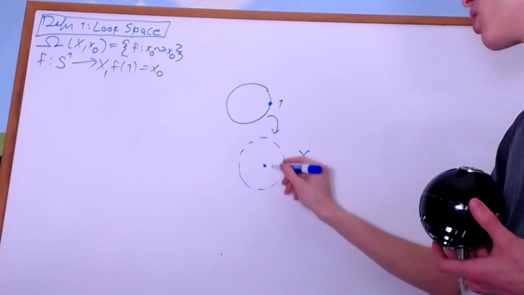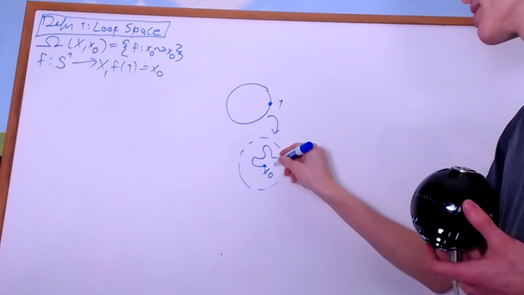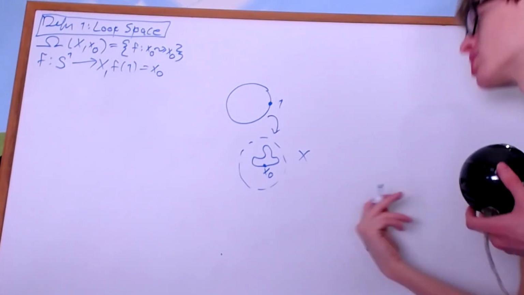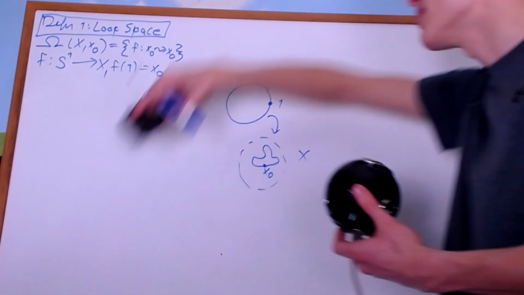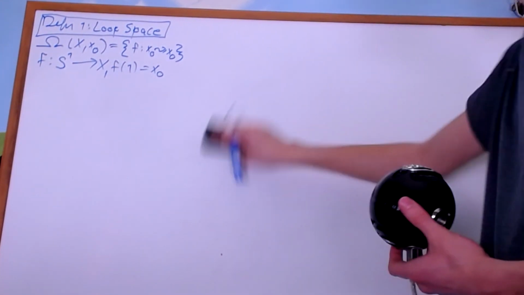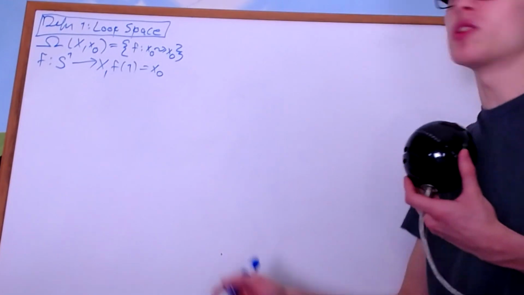And you send 1 to x0, you do whatever you want out here, but you have to come back because it's a circle, and this is a continuous map. And so you just have a different way to look at loops that will become very important in the future.